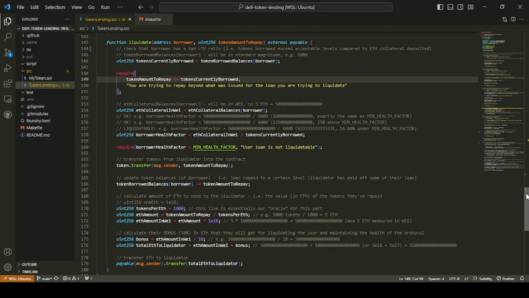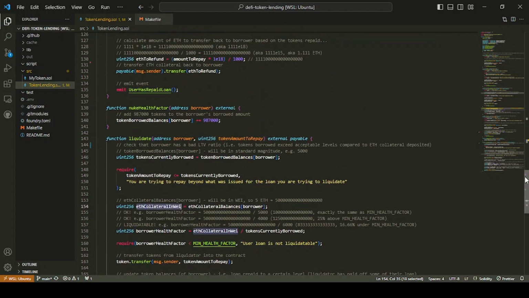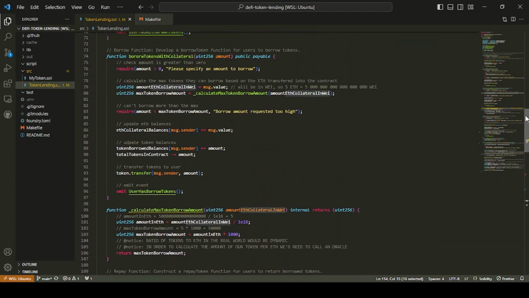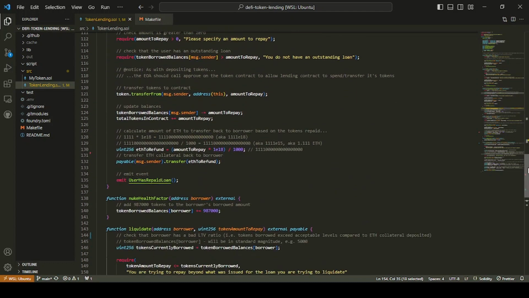If we go down here, then we're getting our ETH collateral in wei. So again, up here when we borrowed tokens with collateral, we transferred in wei, or we transferred in ETH, I should say, in here. So ETH collateral balances, and we've gotten tokens out.